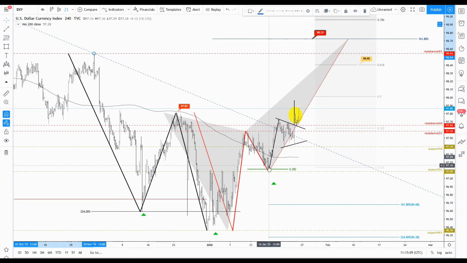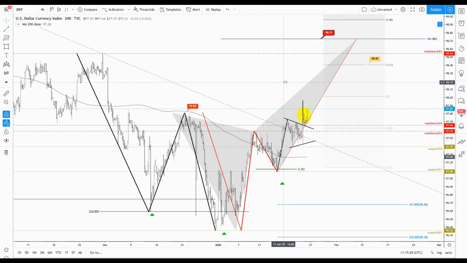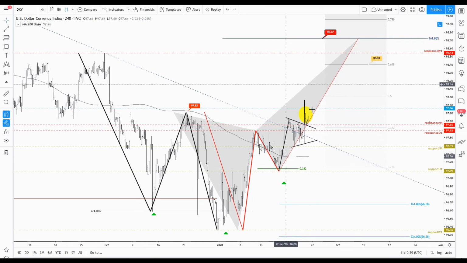Actually the flag there formed also suggesting more momentum in the direction of the previous swing after the formation of that structure of this sideways and consolidation process. And well, that being said, we have more bullish symptom for the Dixie, which implies also more bearish symptom for the euro versus dollar. So let's wait and see what will happen from here.